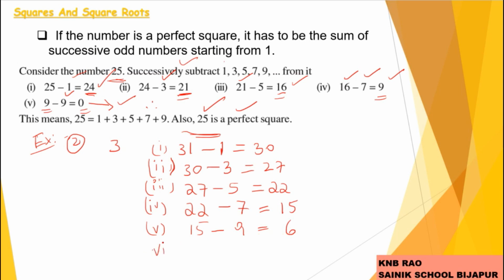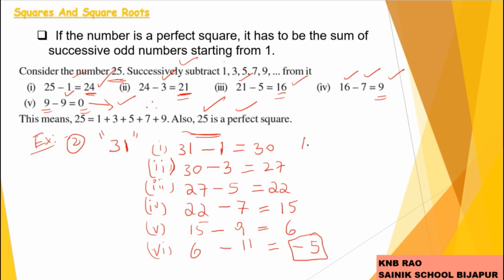From that difference 6, I will subtract the sixth odd number 11, which gives me minus 5. That means I got not an excess but a shortage of 5 in 31, so that it can become a perfect square.